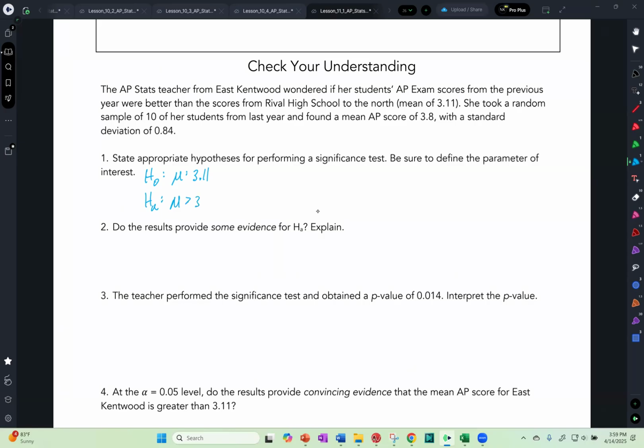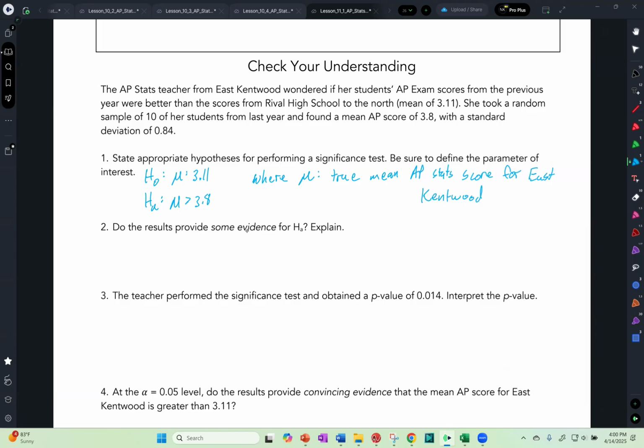So the alternative is that the mean is greater than 3.11, where mu is the true mean AP stat score for East Kentwood.